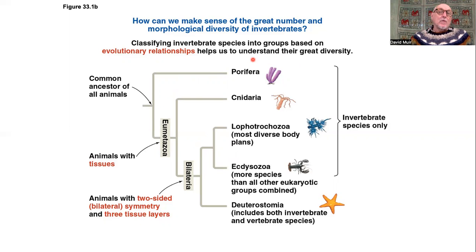So we place them outside as a basal group, and all of the rest of the animals are clustered in a clade called the Eumetazoa, the true metazoans. That is those organisms where cells have actually organized to form true tissues and then true organs as well. The porifera don't have that.